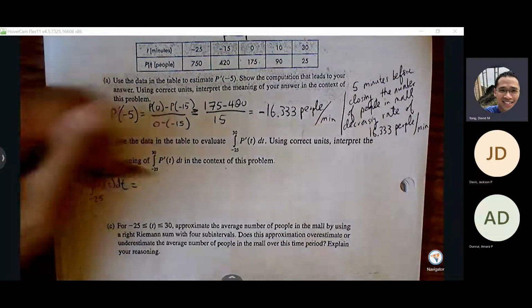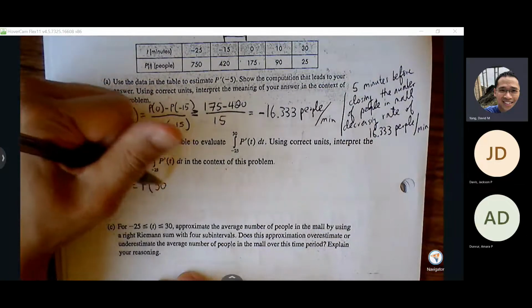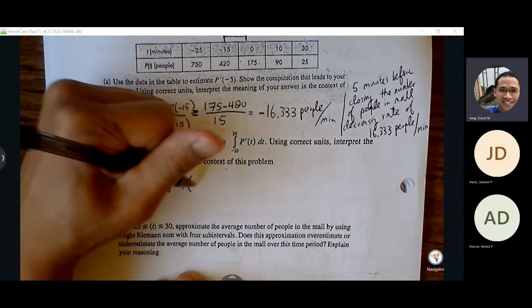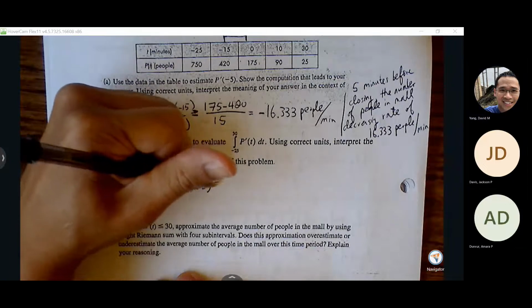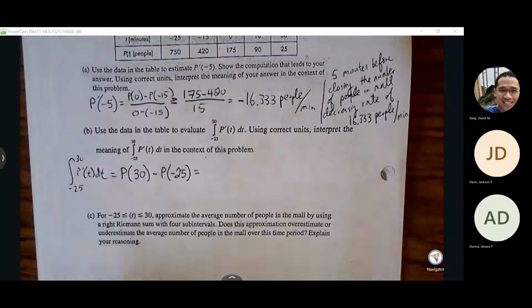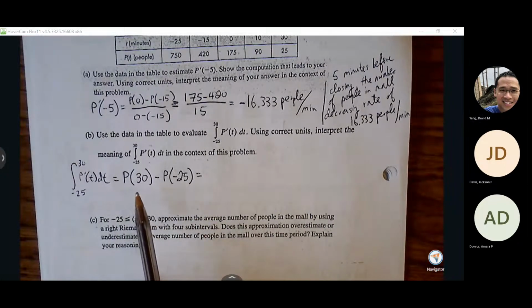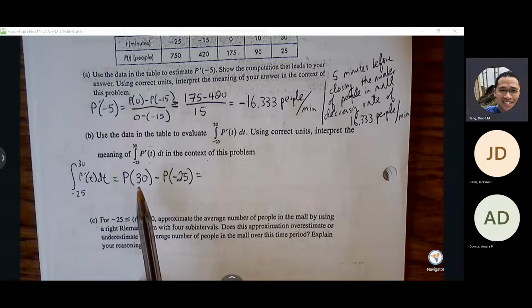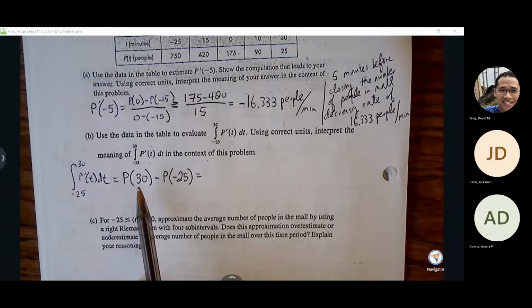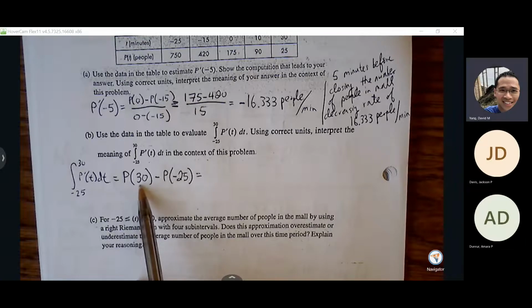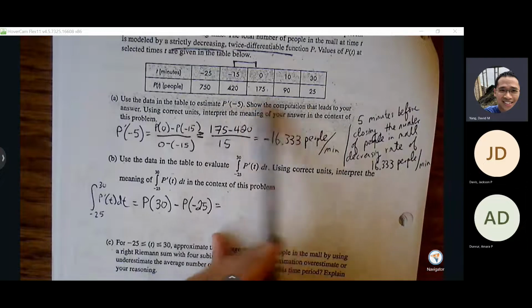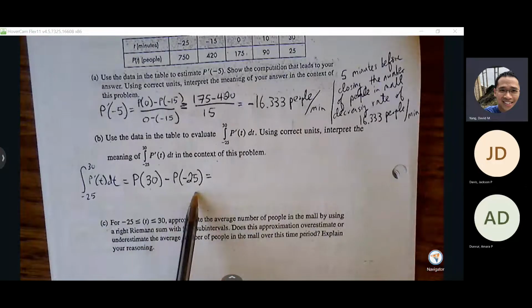P prime rises up to P. So P of 30 minus P of -25. And then now we can read from the table, right? P of 30 minus P of -25.